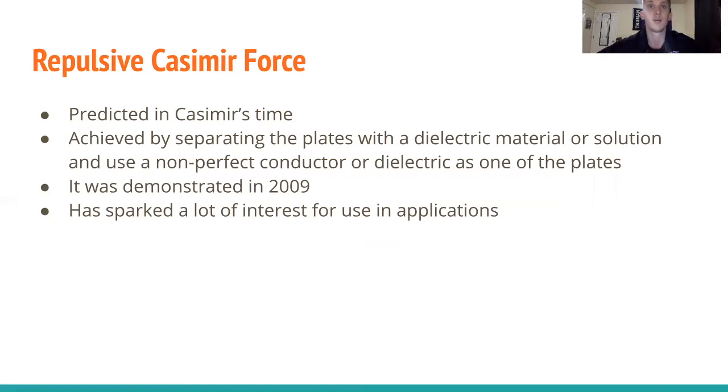When doing this, you would actually observe a repulsive Casimir effect. This was demonstrated in 2009 by a professor and a group of his students, and this has also sparked a lot of interest for its use in application.